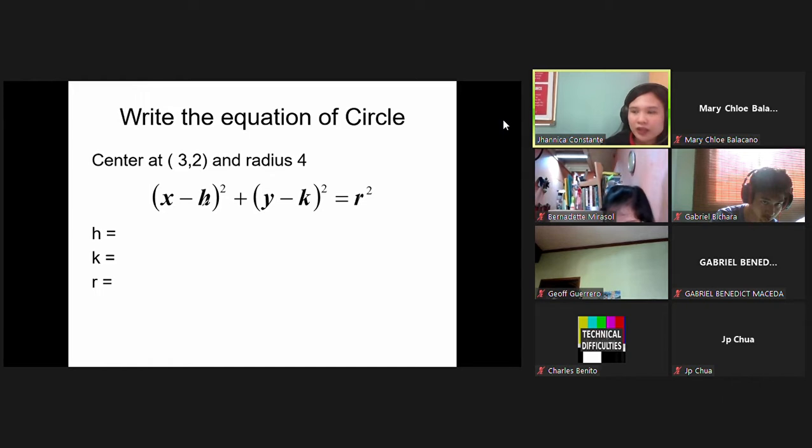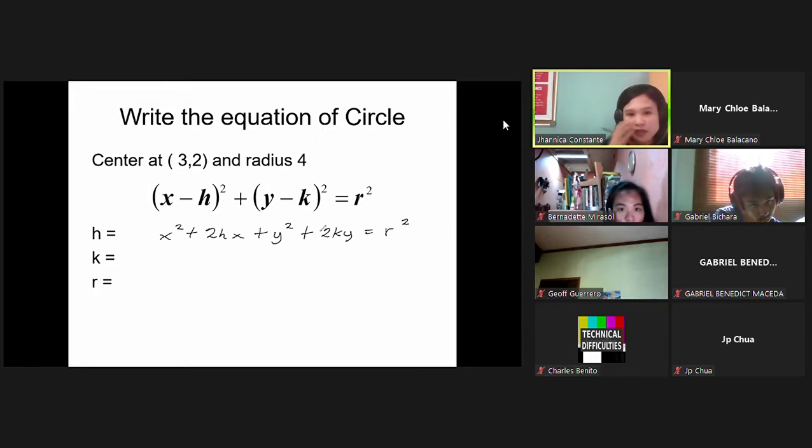Our expanded form is x squared plus 2hx plus y squared plus 2ky equals r squared. Just substitute the given values of h and k and also the radius in your expanded form.